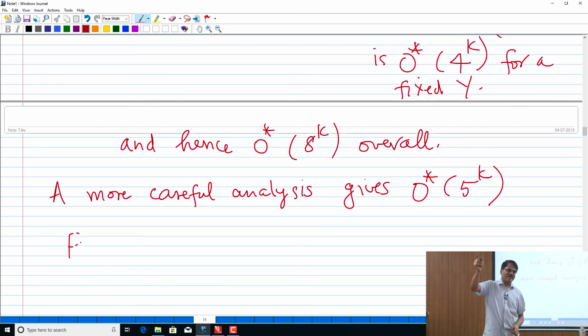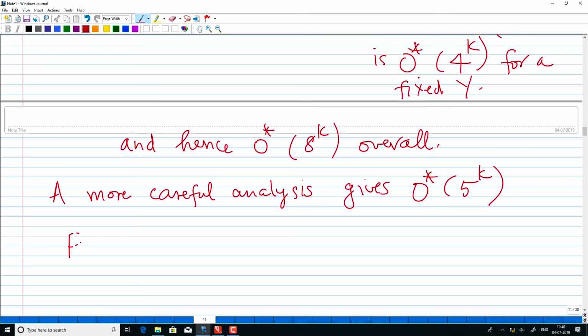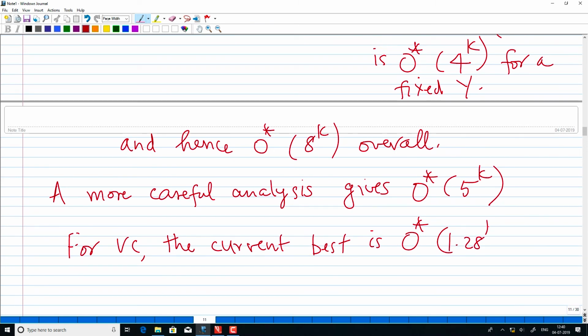Shashank will tell you an improved algorithm for vertex cover in the afternoon. In fact, he has figured it out. But the current best is something like 1.28 power k, and it's been standing like this for about 10 years now.